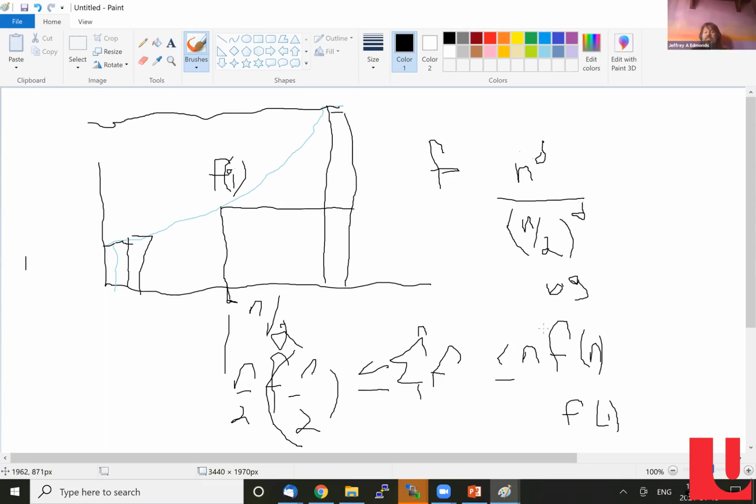Well, this is f of n, which is n to the d, and this over here is n over 2 to the d. If I want to know the ratio between them, I divide through. And what does this give me? This gives me 2 to the d, which, though it may be big, is still a constant, right?